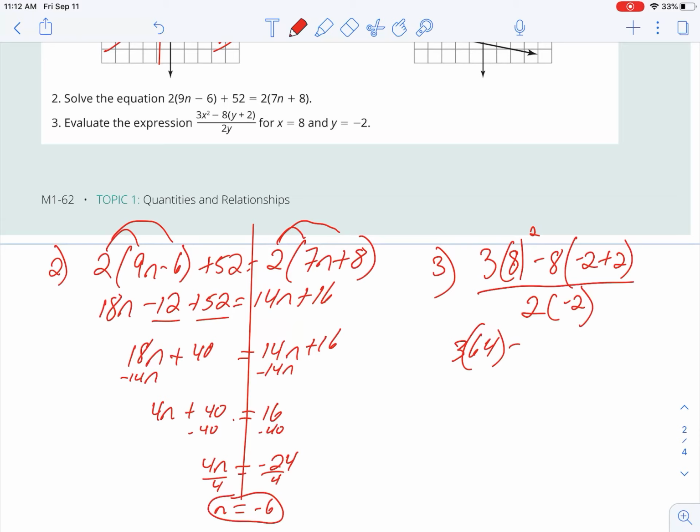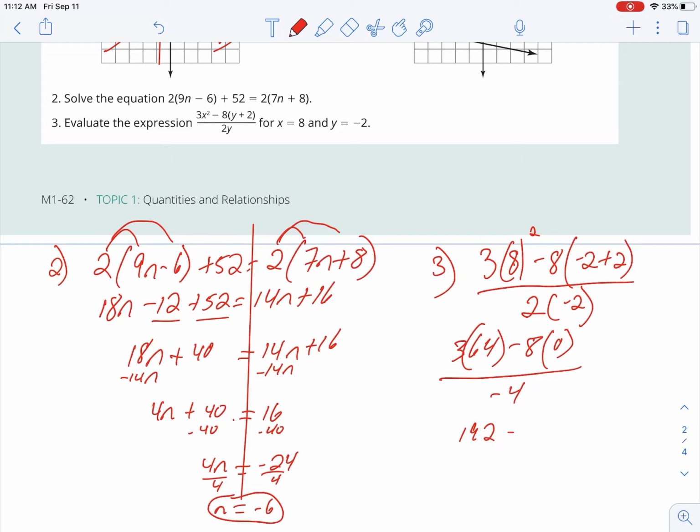So I'm going to do these in steps. 3 times 64. Minus 8, because inside the parentheses there, I have negative 2 plus 2. Negative 2 plus 2 now is 0. And in the denominator, 2 times negative 2 is negative 4. Okay, 3 times 64 now. 3 times 64 is a little bit of a large number.